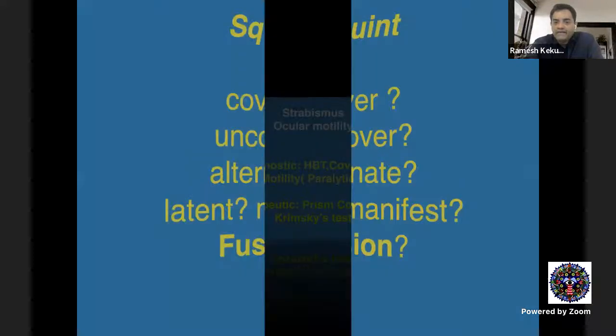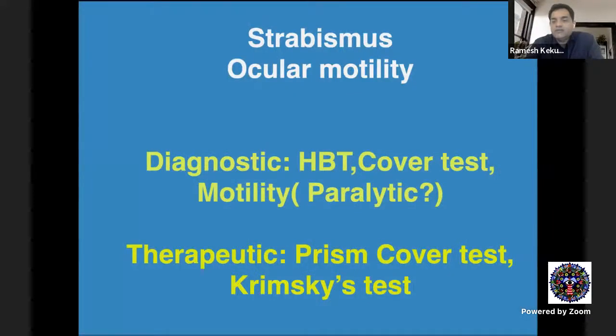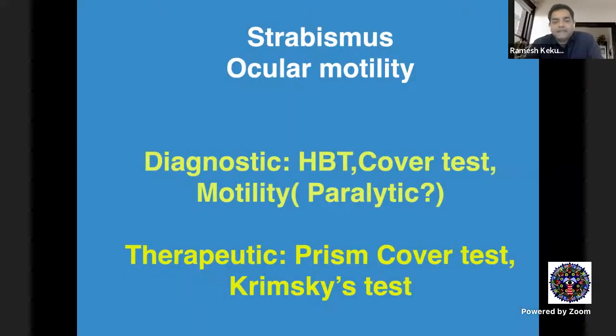For ease of understanding, I always classify strabismus and ocular motility evaluation, both in kids and in adults, as diagnostic tests and therapeutic tests. The textbook says it in a different way, but diagnostic is like, okay, whether the patient has esotropia. Yes, the patient has esotropia.